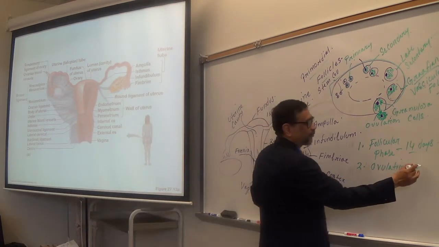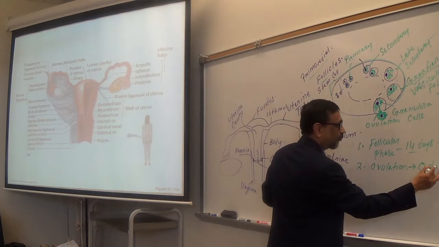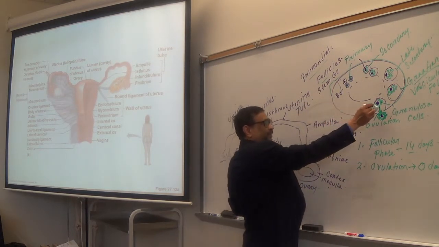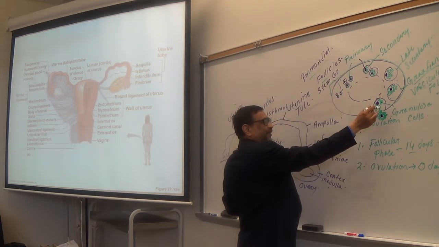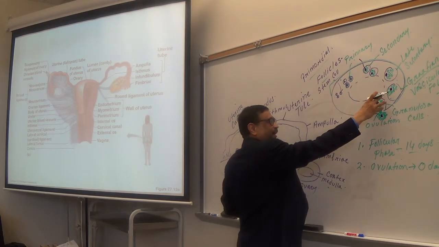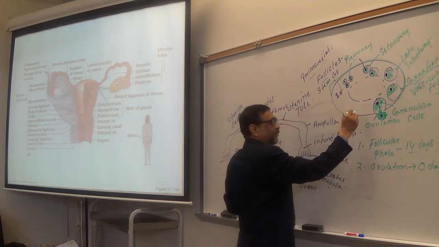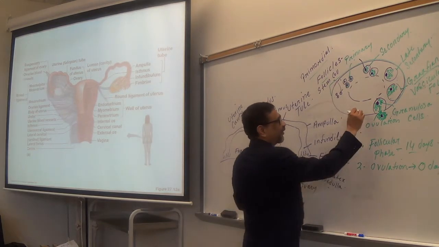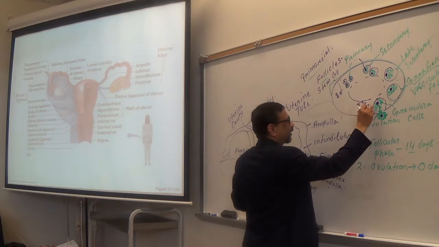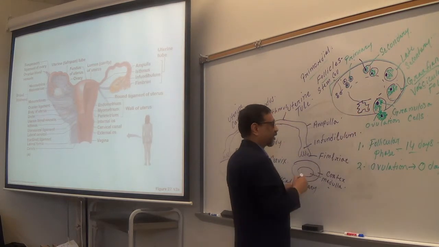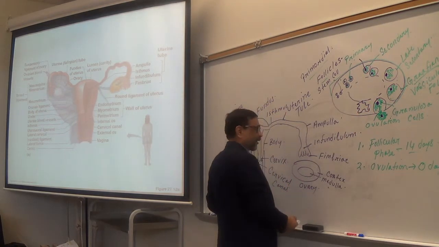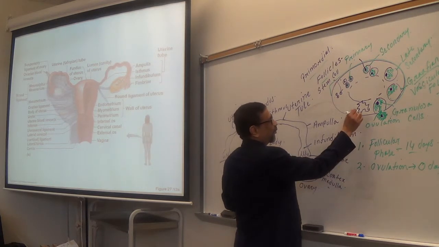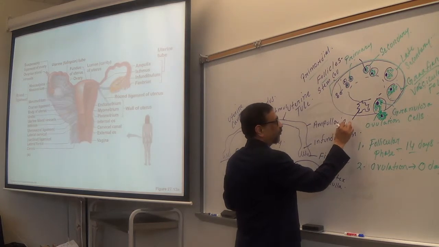Then after the ovulation, the rest part of the Graafian follicle that remains inside the ovary becomes a yellow structure, and this yellow structure is called the Corpus Luteum.